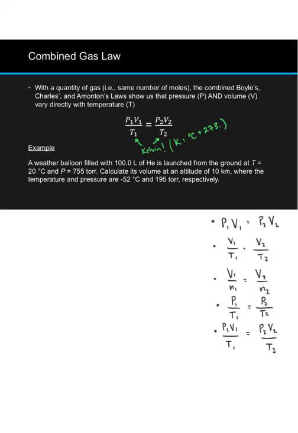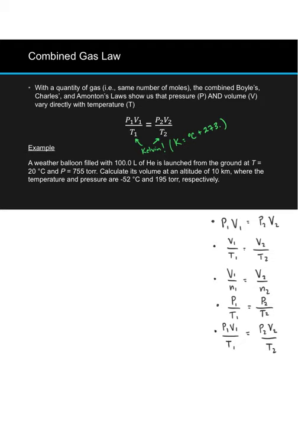It's not quite as direct to look at the combined gas law and predict what the effect on one variable will be given that we change 2 others. For example, suppose that we fill a weather balloon with 100 liters worth of helium, initially with a temperature of 20 degrees Celsius, and at a pressure of 755 torr.